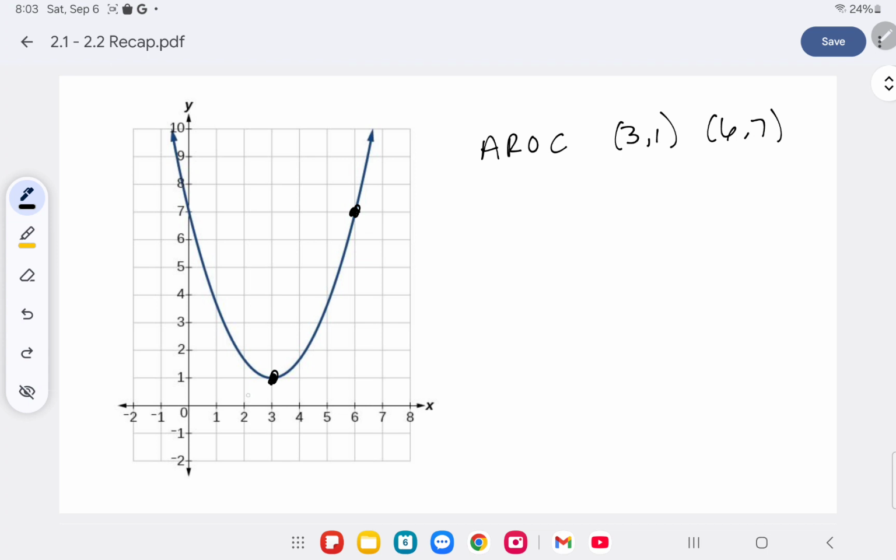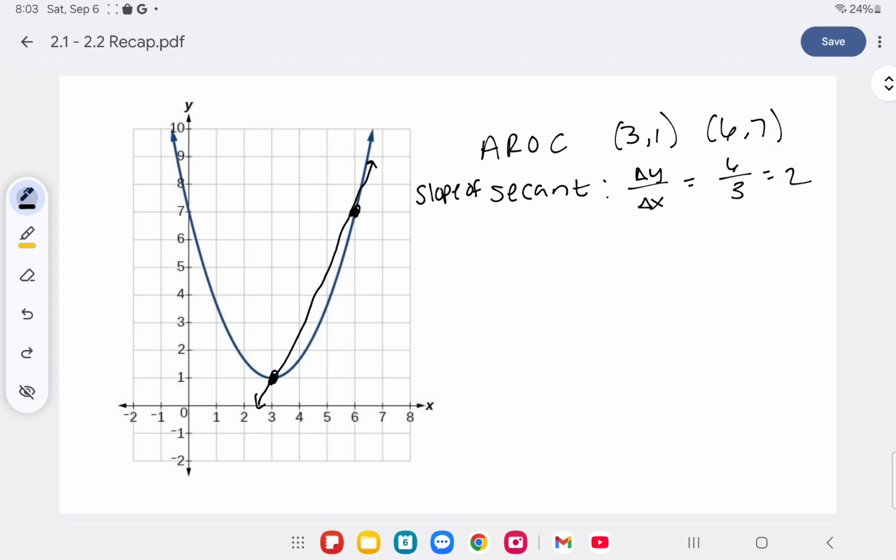It's basically like drawing a straight line through those 2 points. That's called a secant line. And we are going to find the slope of that secant line. To do that, we just do change in y over change in x. So 7 minus 1 over 6 minus 3. So the average rate of change between those 2 points would be 2.